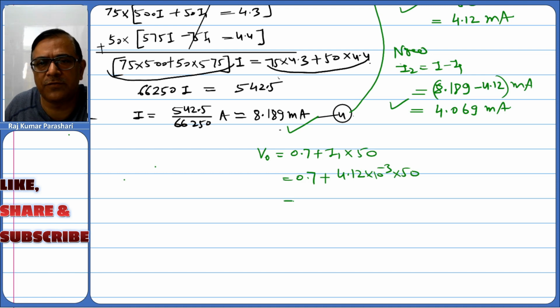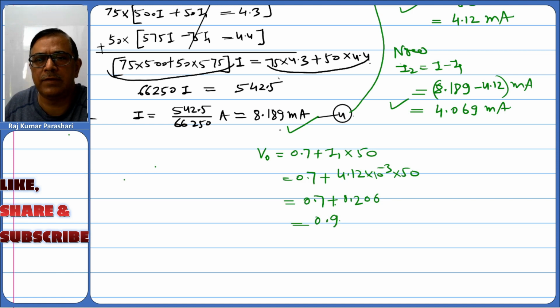And let's calculate this further. This is 0.7 plus 0.206, and this further equals 0.906 volt. So this is the required answer.